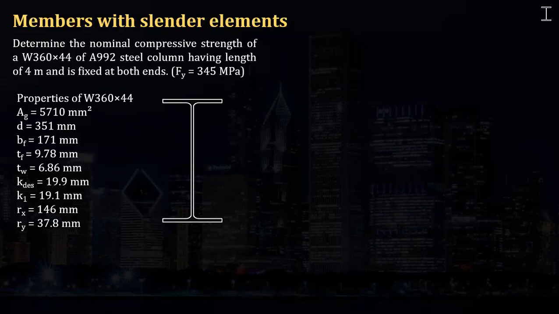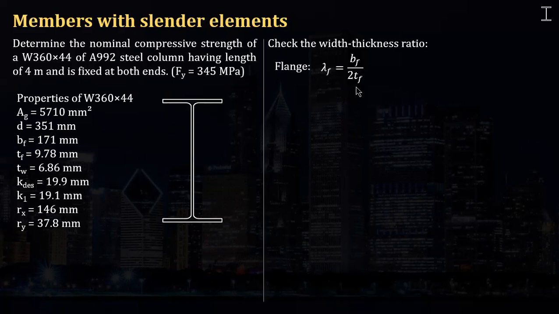So these are the geometric properties. What we'll do first is we have to check if the width to thickness ratios conform to the limiting values. So the width to thickness ratio of the flange is bf over 2tf, and that is equal to 171 over twice of 9.78, and that is 8.74.